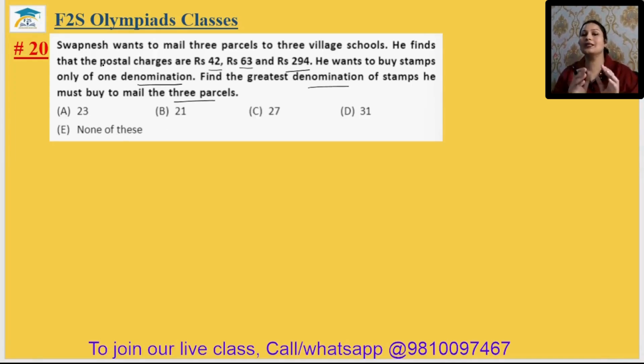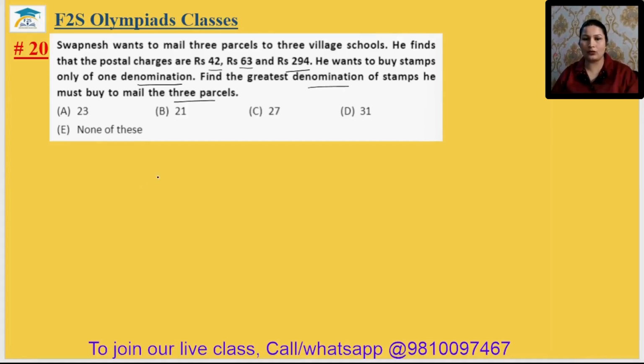Actually, Swapnesh wants the highest common factor between these 3 numbers so that he can paste different numbers of stamps on the postal card. But all the stamps should be of the same denomination, so that's why we will find the highest common factor.